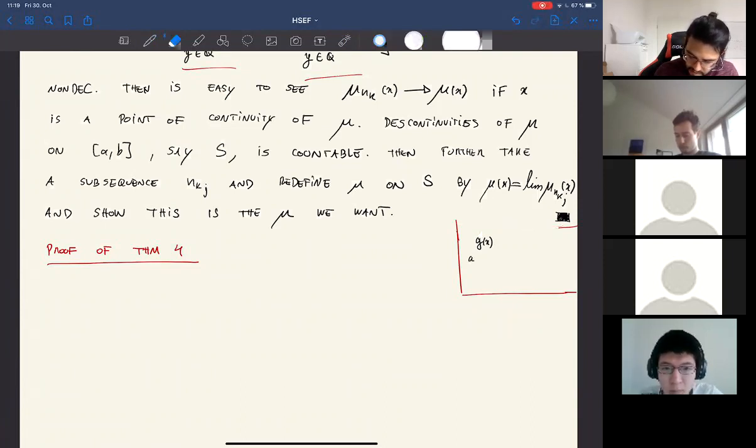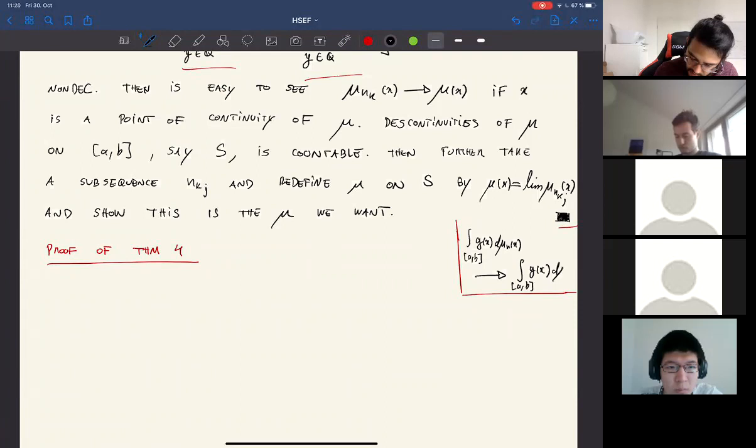So the integral from A to B of g(x) d mu_n(x), this will converge. Once I've taken the subsequence that converges to mu, this will be converging to the integral from A to B of g(x) d mu(x).